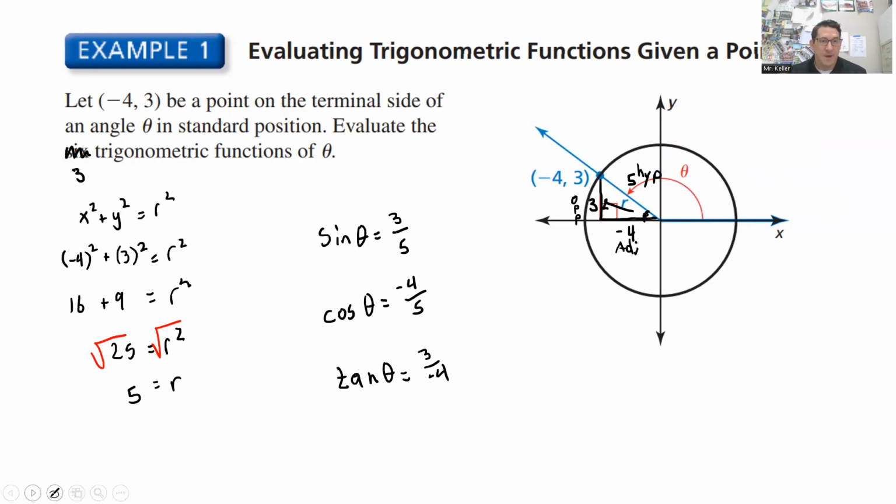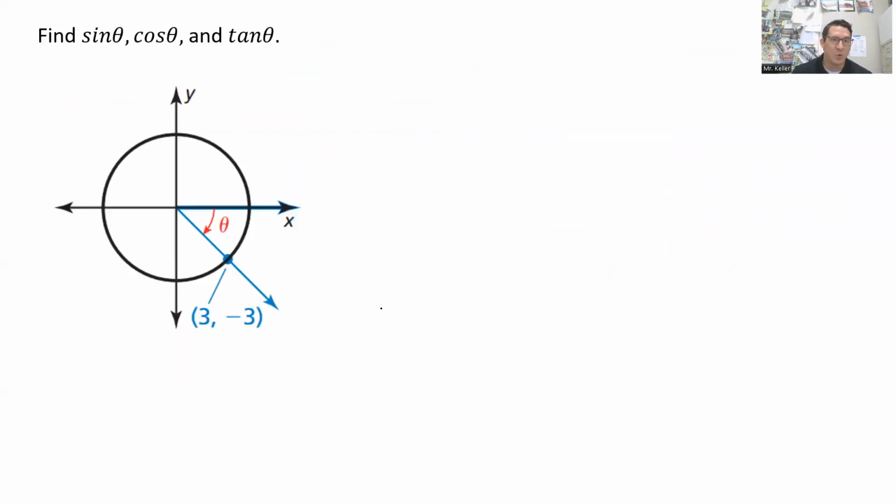All right. Next one, so let's just do this real quick. Here we have our right triangle right in here. So the x coordinate is 3, the y coordinate is -3. We need to find the radius. So that's using Pythagorean theorem, x squared plus y squared equals r squared.